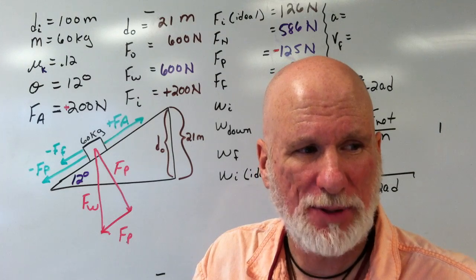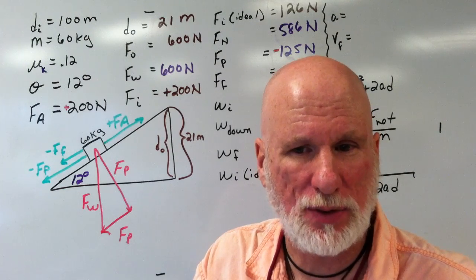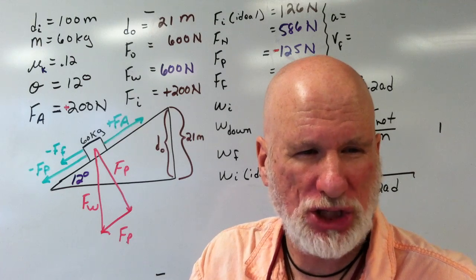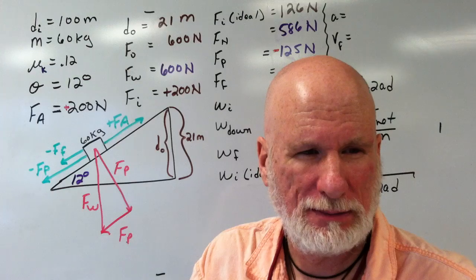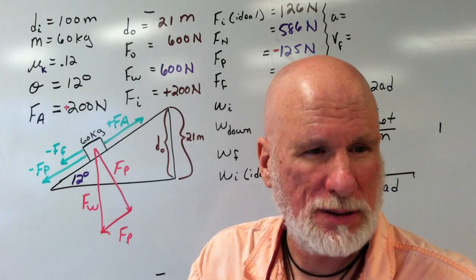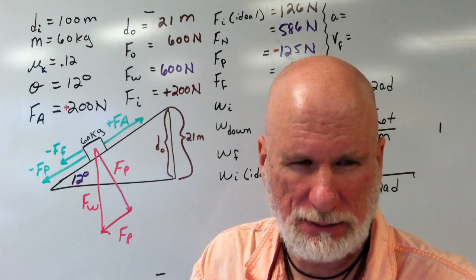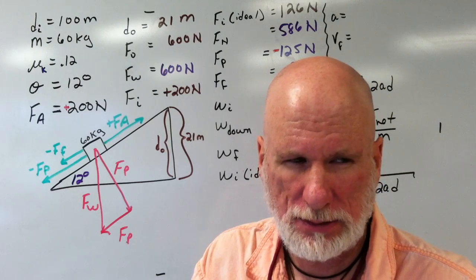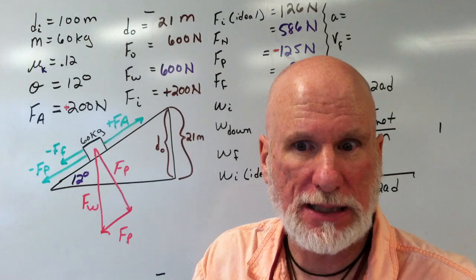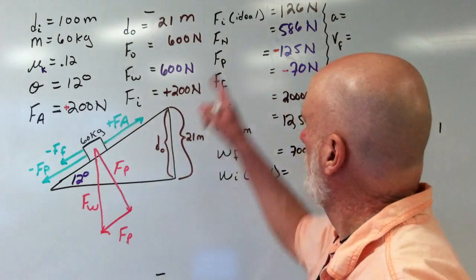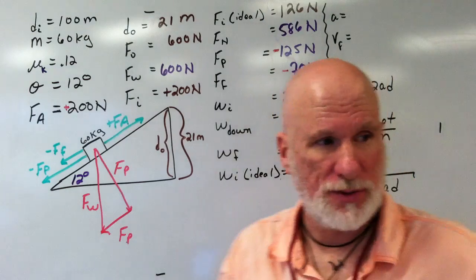Doesn't WI equal FIDI? Does DI change? Is DI always DI? Yeah. But what would you use, FI real or FI ideal? Ideal. So what's FI ideal? That's 126 newtons, right?